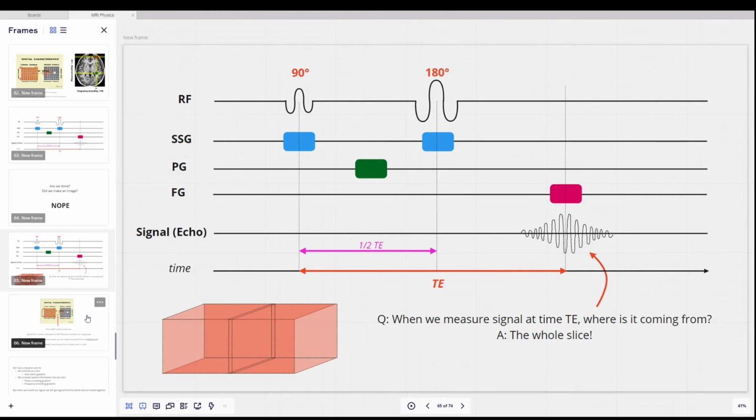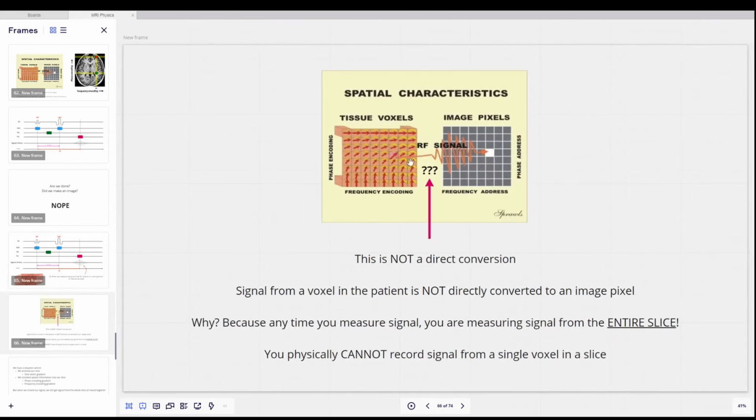Okay, that's kind of a problem, right? Remember I showed you this image? This is kind of a lie in the sense that it's showing you that if you apply phase and frequency here, you can almost like a map say, well, we apply phase and we apply frequency, and so if we know the phase and the frequency, we can just directly convert this into our image, right?